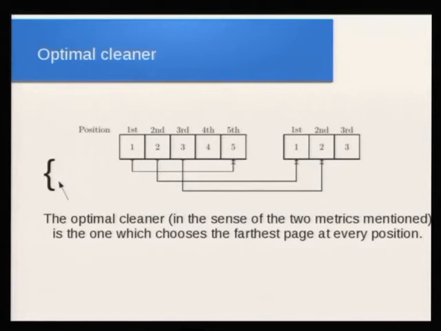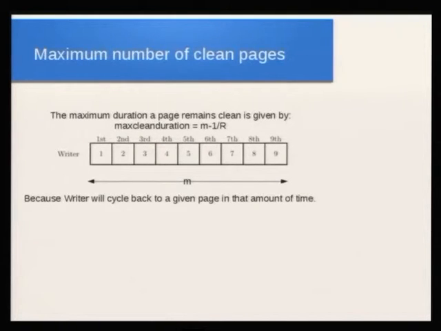And I just said that the optimal cleaner is the one which chooses the farthest page at every position. So what is the maximum number of clean pages? The maximum duration that a page remains clean is given by M, which is the length of the writer sequence. And R is the ratio between CPU and network.